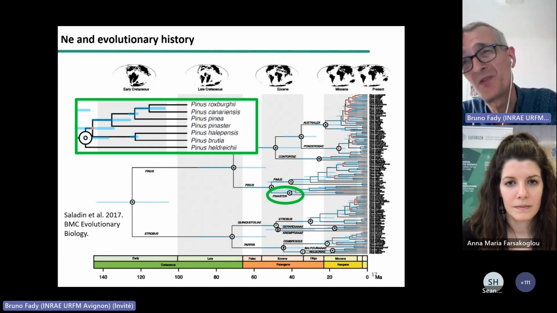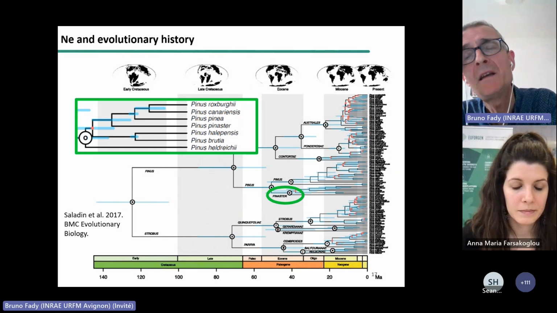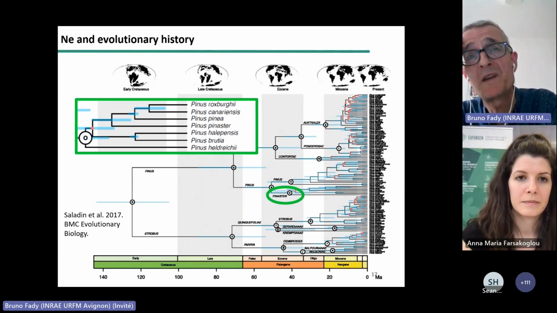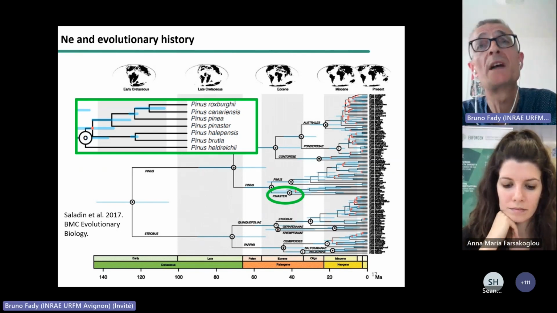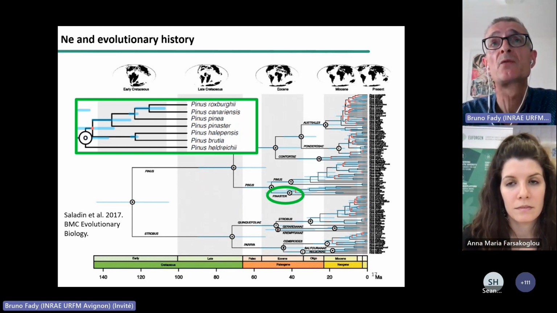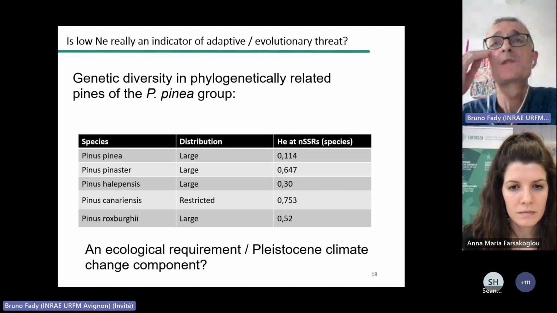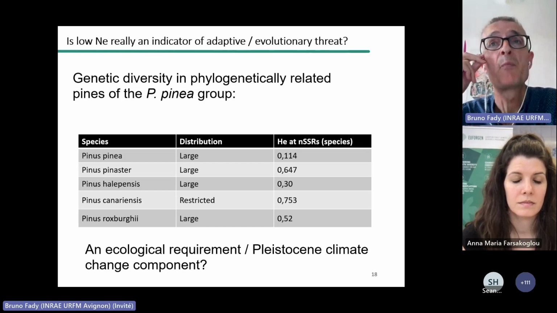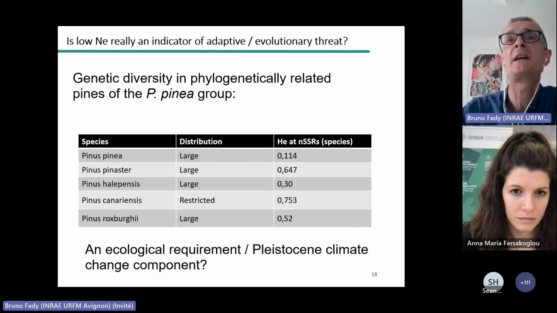Now, why might we have such differences? I want to make a few suggestions and then open the floor for discussion. Perhaps NE, measured here at species level, is somewhat inherited through evolutionary history. If we look at Pinus pinea and its phylogenetic group, it contains a few species, of which Aleppo pine, Pinus halepensis, has very low diversity, a bit higher than Pinus pinea, but still low.